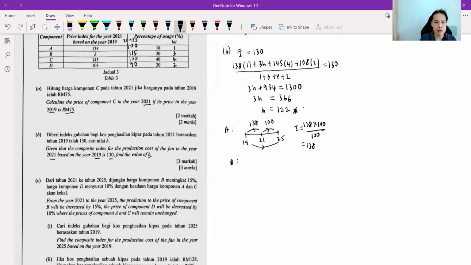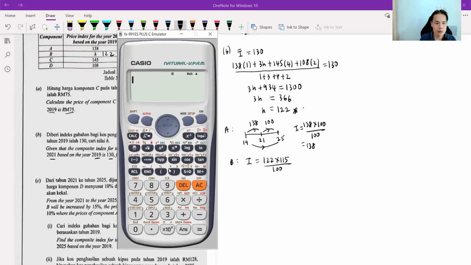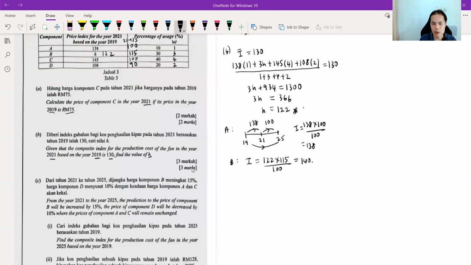But for B, I already know my index is 122, right? So I repeat the same process. Don't have to recalculate, don't have to redraw the diagram. We take 122, we multiply 115 over 100. Okay, let's count. 122 times 115 over 100 gives us 140.3. Let me write here 140.3.